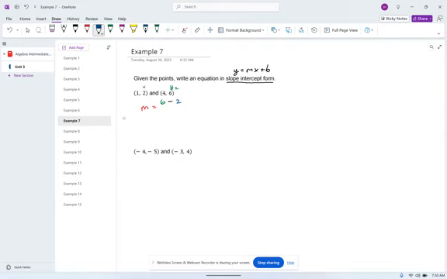And this is y1. So we have y2 minus y1. So again, if you don't know slope, go back, watch that video again, and refresh your memory on slope.